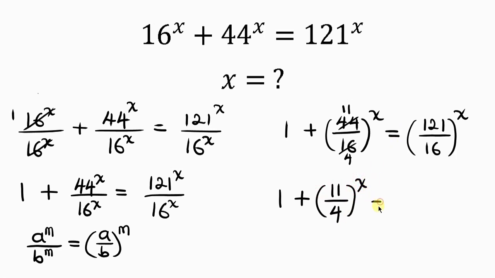This is equal to, now notice that 121 is a perfect square, which means it can be written as 11 squared all over, and then 16 is also a perfect square, which means it can be written as 4 squared. Very good. So this is raised to the x.